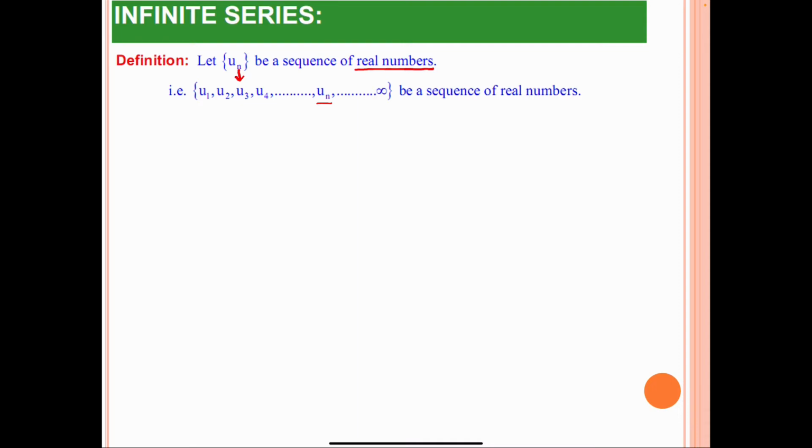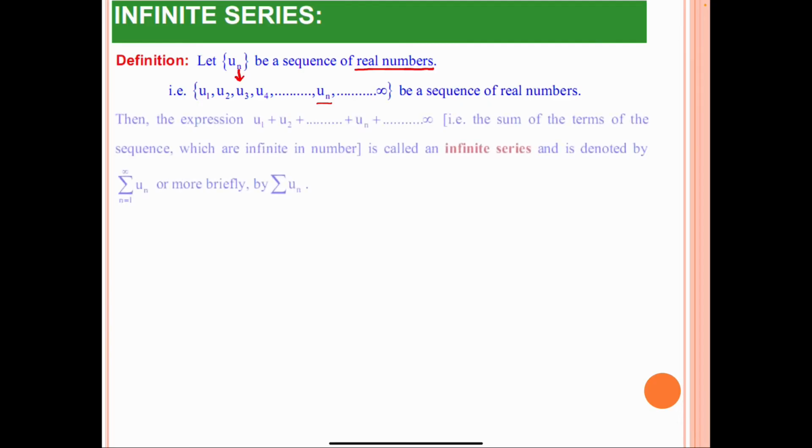Then the question is, how can we represent this type of series, meaning infinite series? Then the expression u1 plus u2 plus u3 and so on, un plus and so on up to infinity, means the sum of every element.